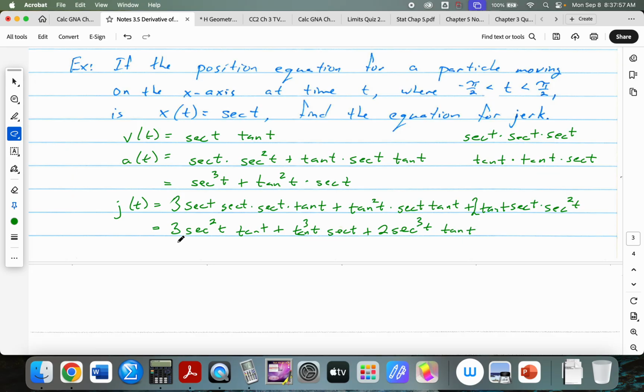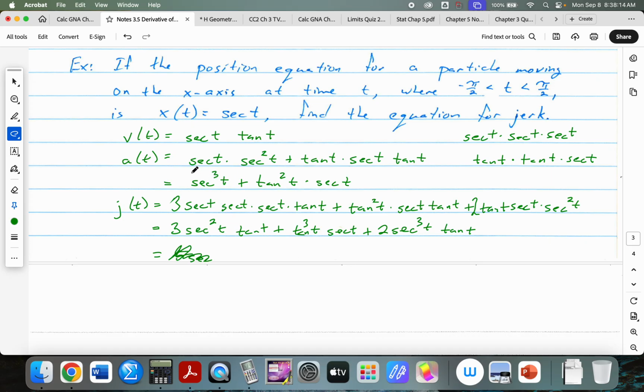What you notice is the first term, so it ends up being 5. Oh, actually, no, it's not, because that's secant squared.